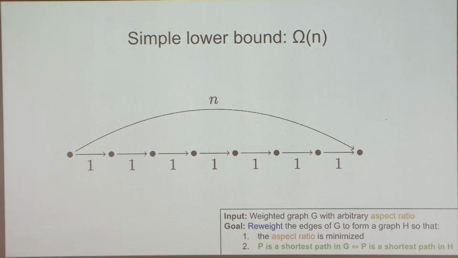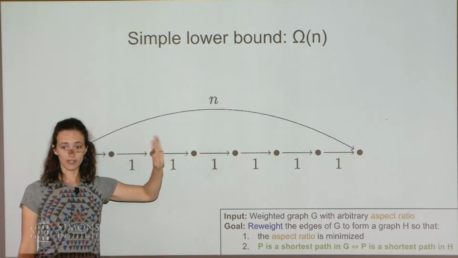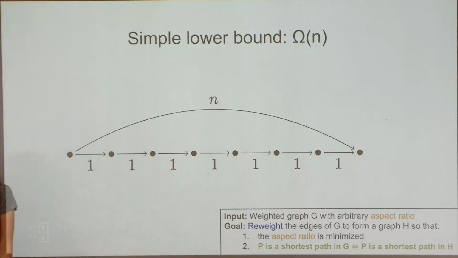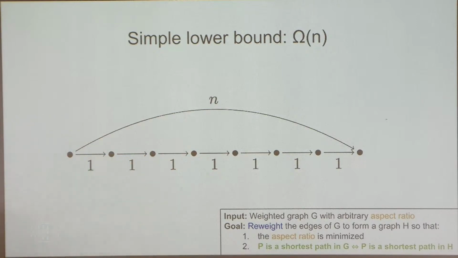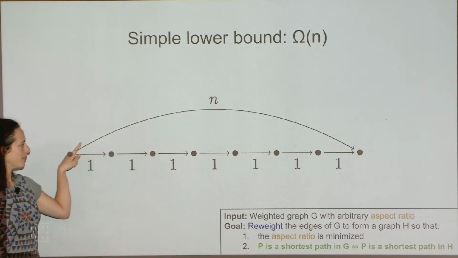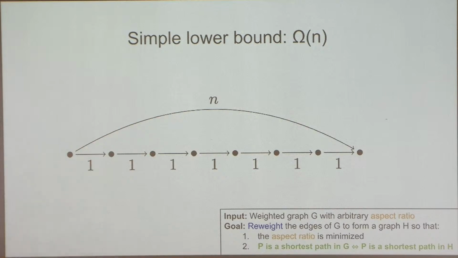So all of these weights in my newly weighted graph have to be at least 1, and therefore the length of this path is at least n minus 1. And so if I want to make sure that this remains the shortest path, I'm not allowed to reweight that big edge down to anything lower than n minus 1. Does that make sense? Okay, so this is our baseline: the best thing that we could hope for is linear.